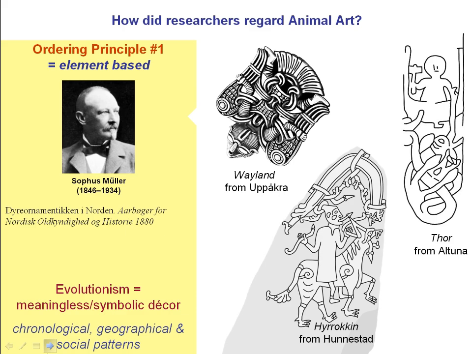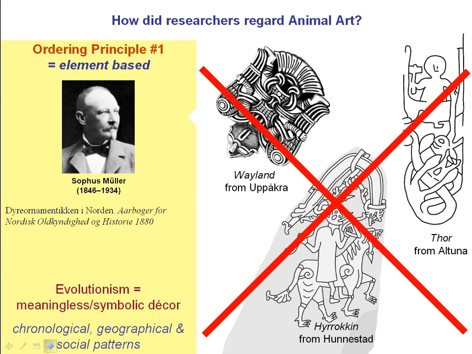Let's put it like this. And instead he demanded of archaeologists, instead of focusing on interpreting or associating those pictures with myths, to concentrate on archaeologically relevant questions like how to date stuff and how to see whether these materials mirror the transfer of ideas from one place to another.